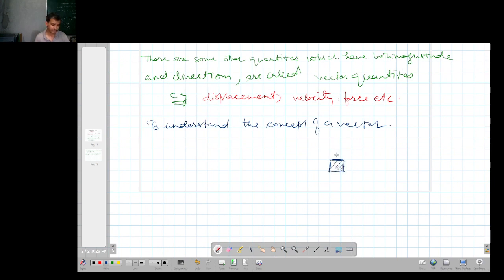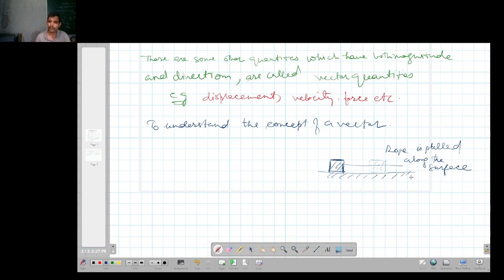Say it's a block, and say this is the surface, and say a rope is attached to it, and with the help of that we are pulling this rope along the surface direction, and when we apply some force over it, this block moves from this point to this point, right? So that means this rope is pulled along the surface, right?